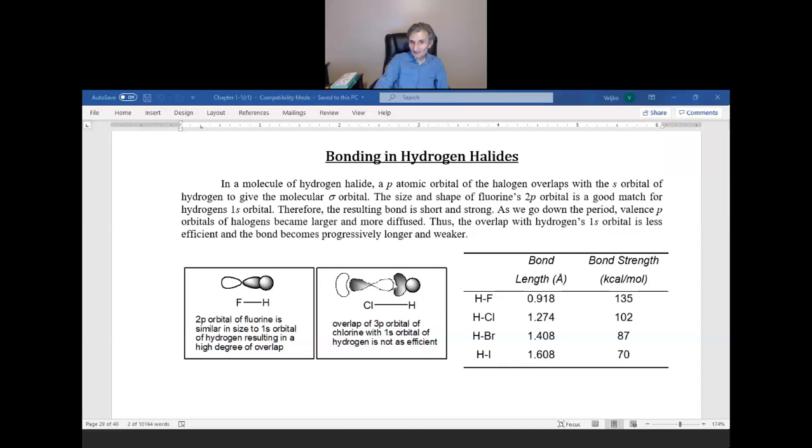So this lobe is cut by spherical nodes into 2 different lobes, and this one is not bonding. It's not shaded the same way, not the same phase as hydrogen. That results in a longer and weaker bond. And then bromine uses 4p orbital, which is even longer and weaker, and iodine 5p, the longest and weakest bond.